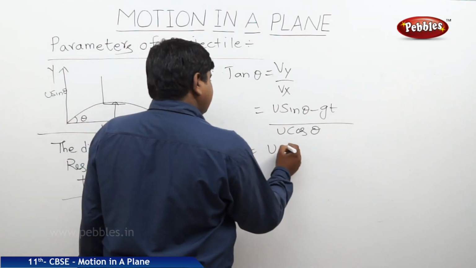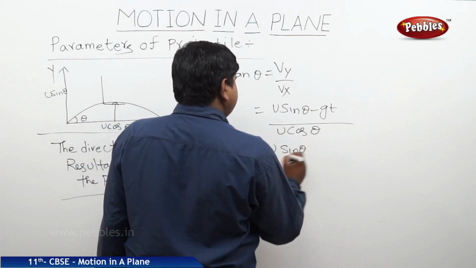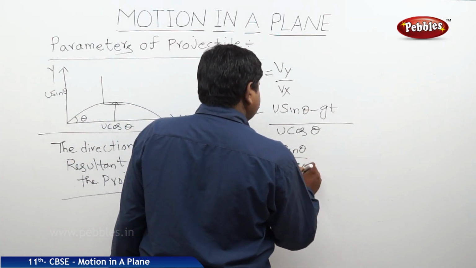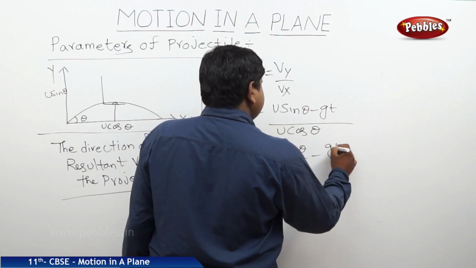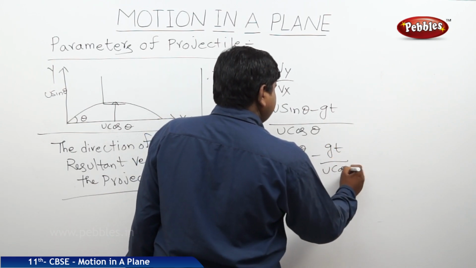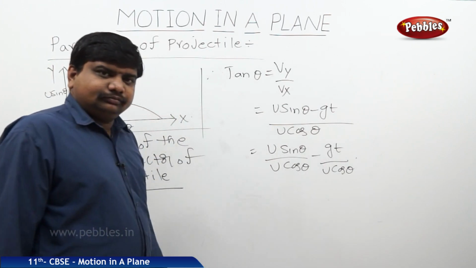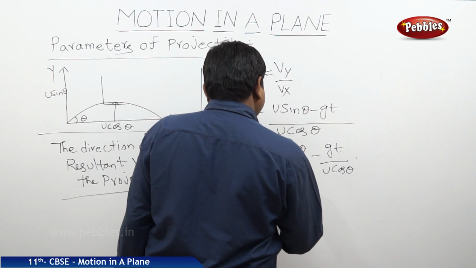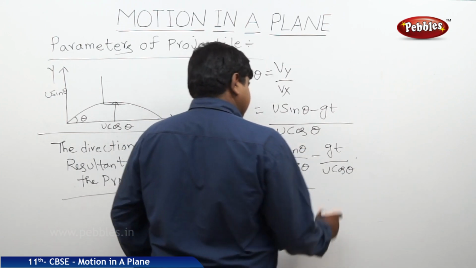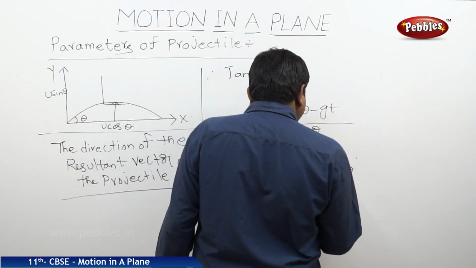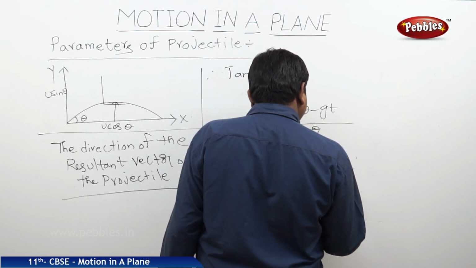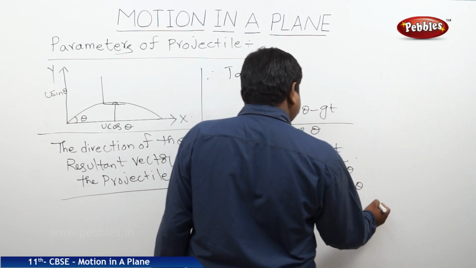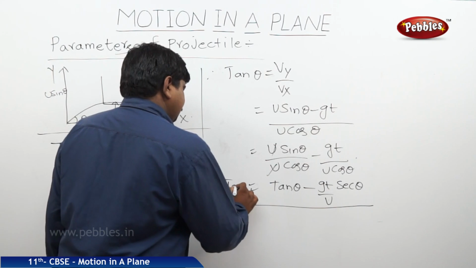If we expand this one, u sin theta by u cos theta minus gt by u cos theta. It gets cancelled, it is tan theta minus gt by u into secant theta.